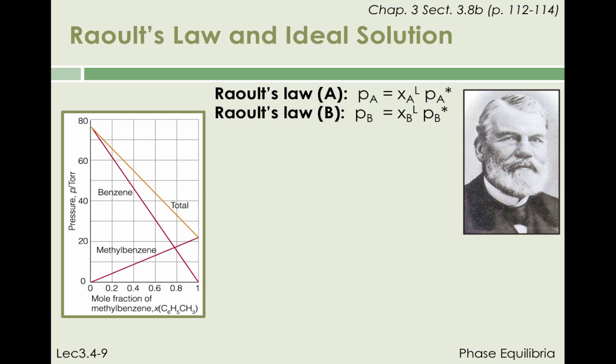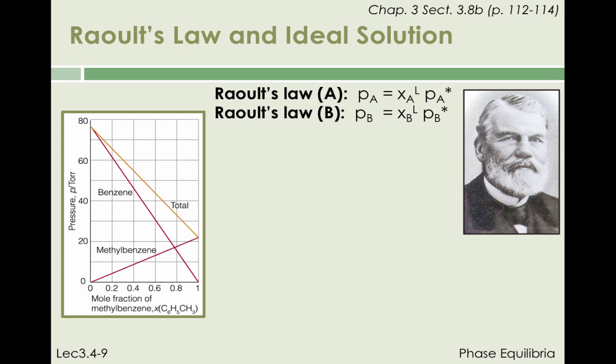This relationship between the partial vapor pressure of a component above the solution, the mole fraction of that component in solution, XAL or XBL, and the vapor pressure of the pure component, PA star or PB star, is known as Raoult's law. A photo of the Swiss scientist Raoult is shown on the right-hand side.